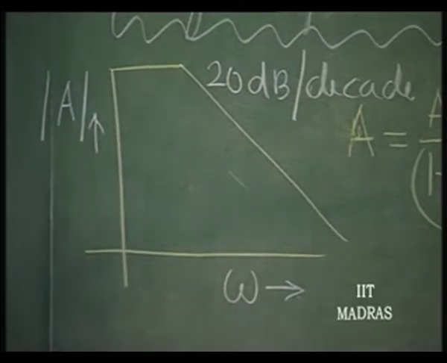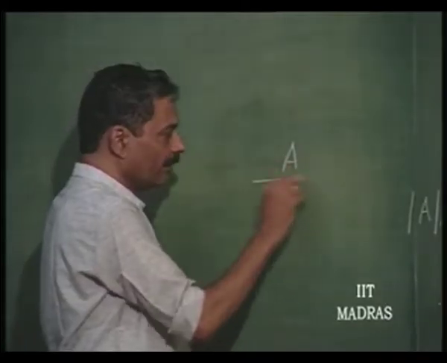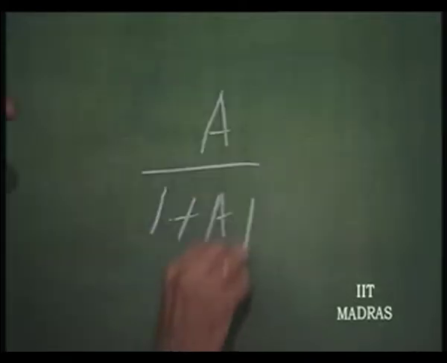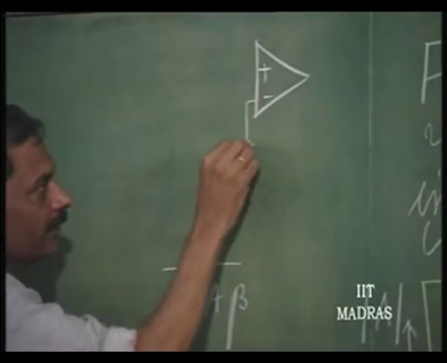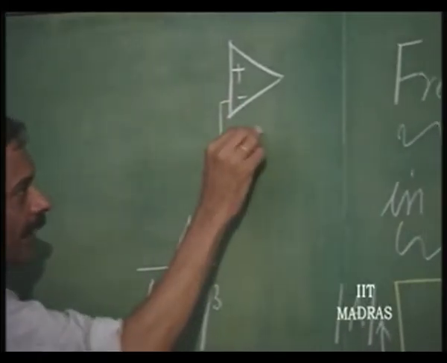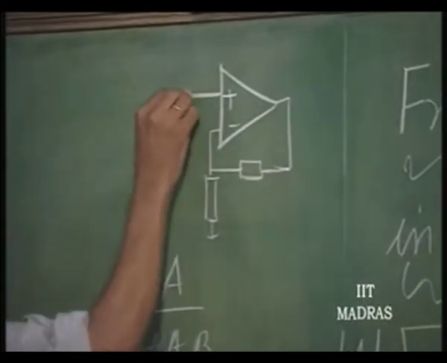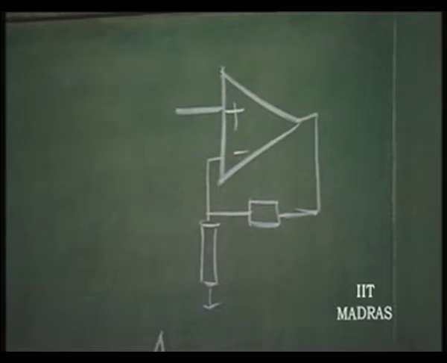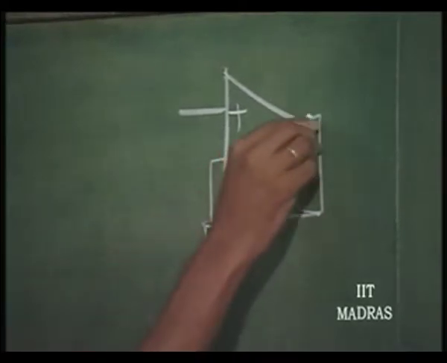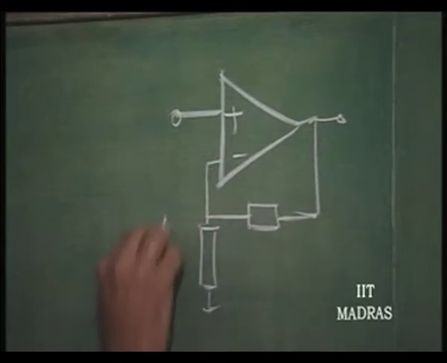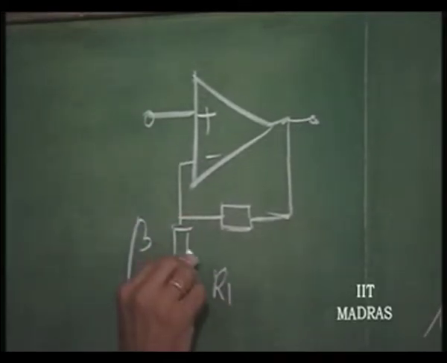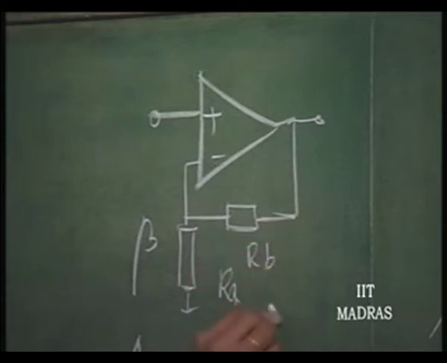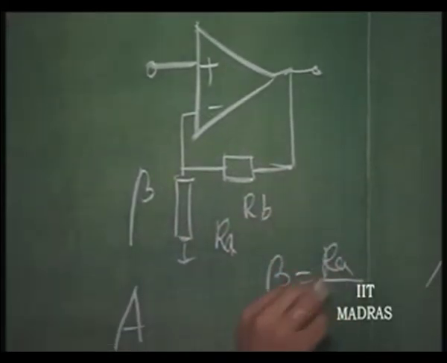Now, if I use negative feedback, what happens? We have seen that the gain becomes A by 1 plus A beta, for a voltage controlled voltage source with feedback, because that is what makes the voltage controlled voltage source go towards its idealization. If this is beta, corresponding to RA and RB, beta is equal to RA by RA plus RB.